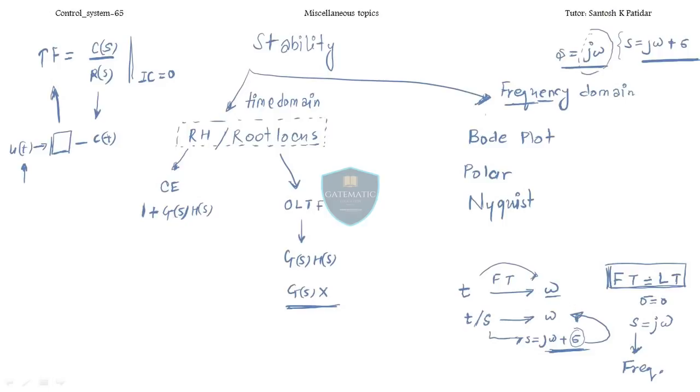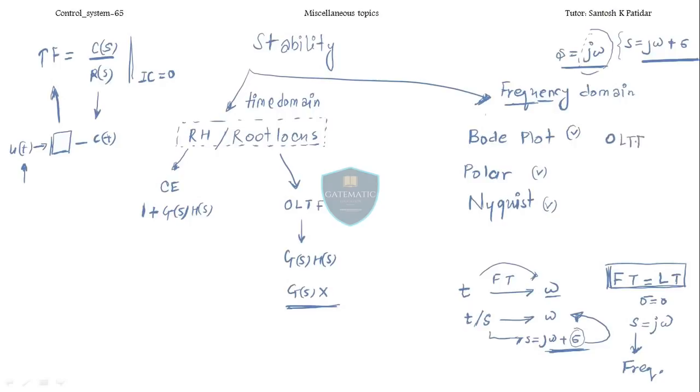So what we are going to do is put S equal to j omega, so your system will become complete frequency domain.